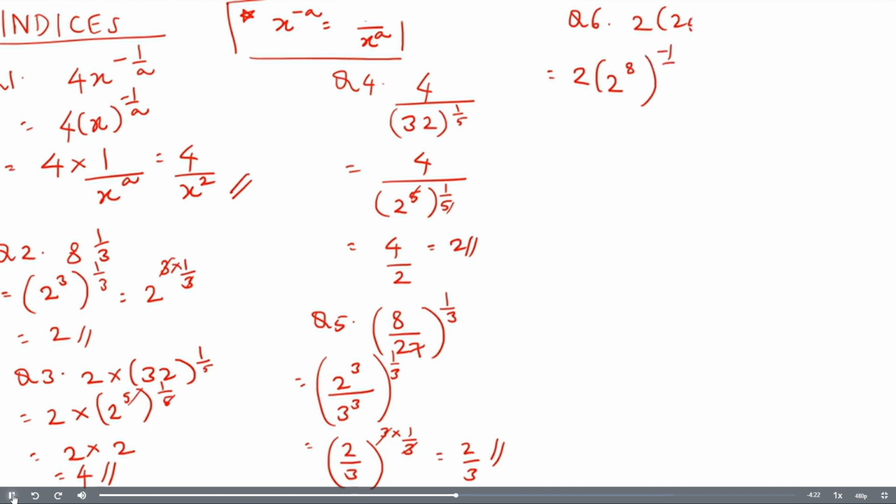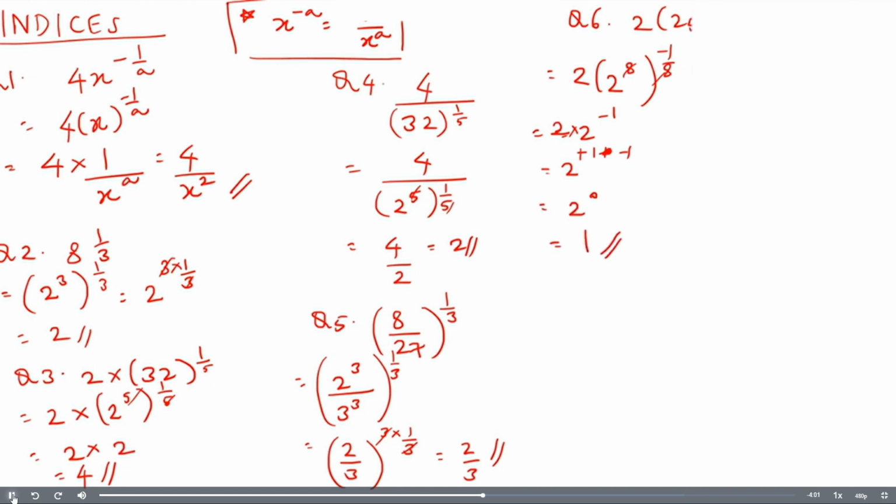That into minus 1 by 8 is going to be 2 to the power minus 1, which is equal to 2 into 2 to the power minus 1. That is equal to 2 to the power 1 minus 1, which is 2 to the power 0, which is nothing but 1.